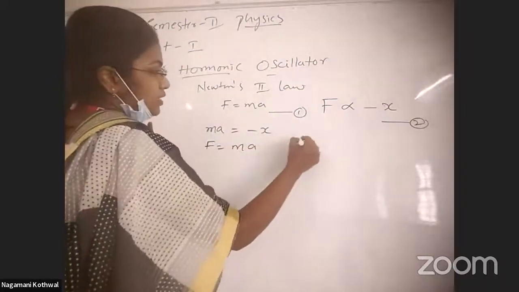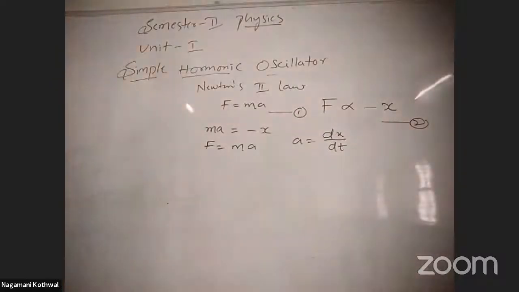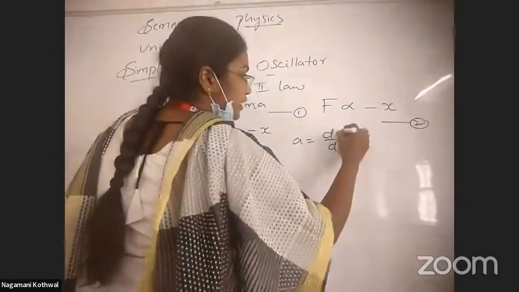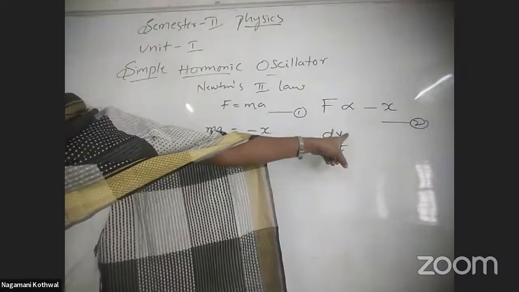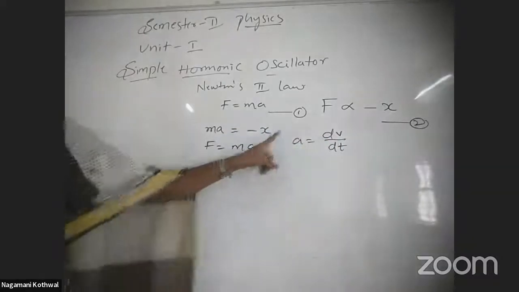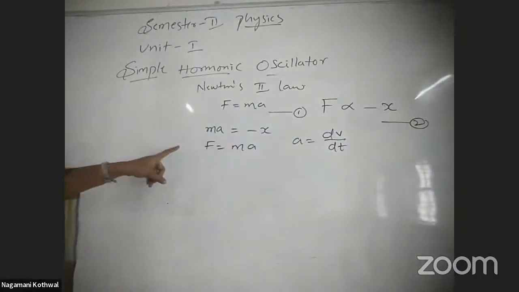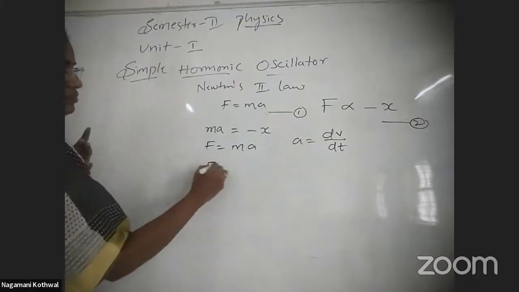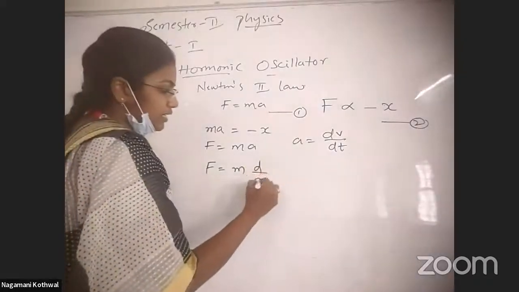a is nothing but the change in velocity, so dv by dt. Acceleration is nothing but the change in velocity. So substitute: F is equal to m into d by dt of velocity.